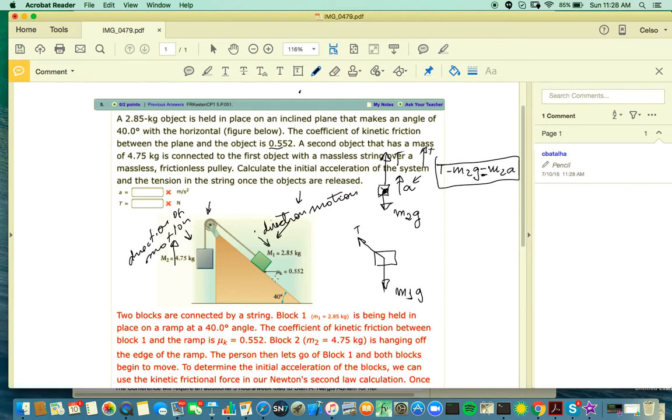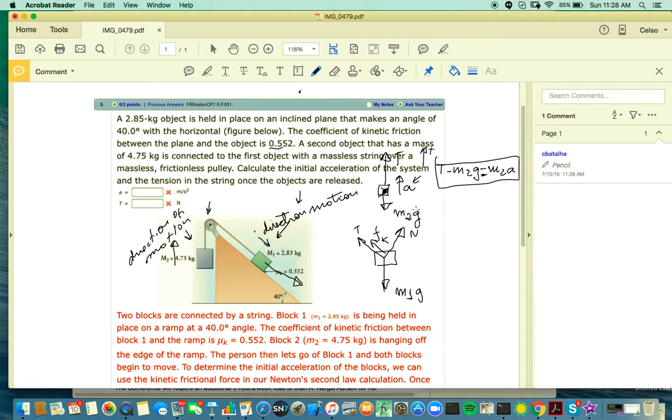But also, since the block is assumed to be going in this direction, it means the friction force is parallel and in the same direction as that of the tension force. This is kinetic friction. Okay, and the normal force should be there. So here's my normal force.